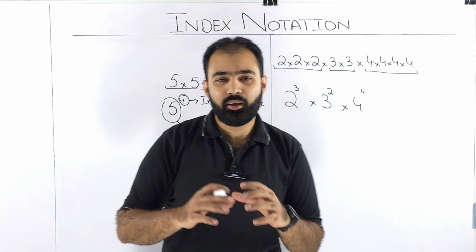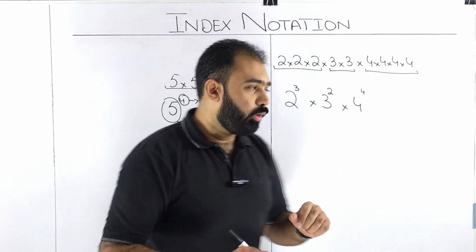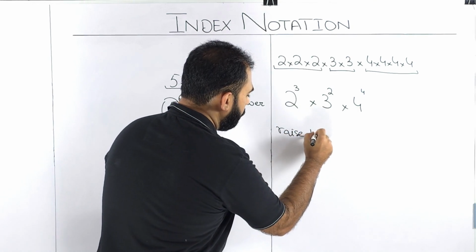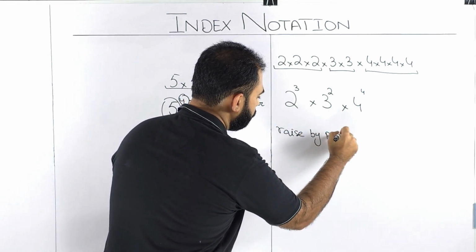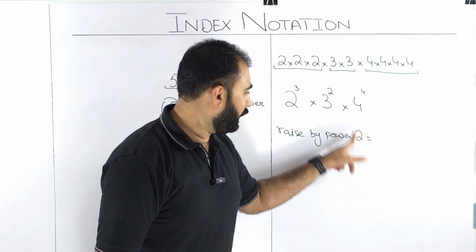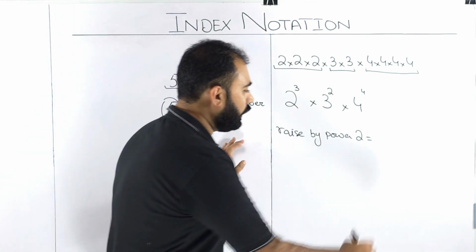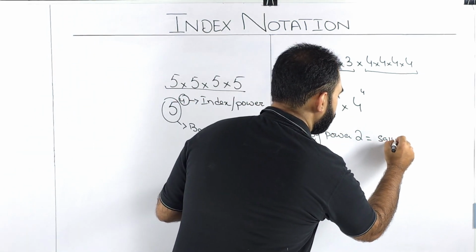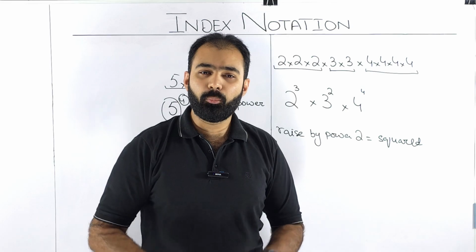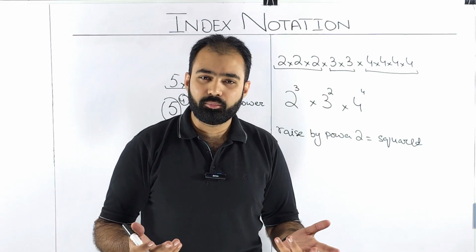अच्छा, यहां पर एक चीज समझने जरूरी है. Whenever we raise by power 2, which means index अगर 2 है, like in this case we call it squared, or most commonly square.